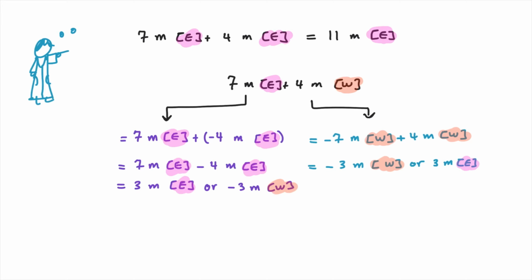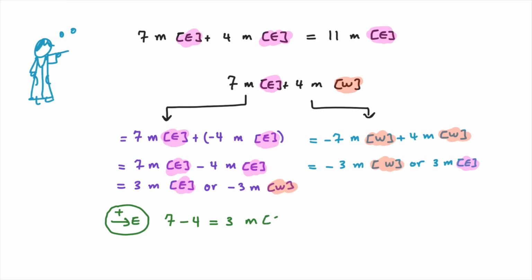To save time and to avoid writing all the signs in the equation, we can write our sign convention and use positive values for vectors that correspond to the sign convention and negative values for those that are opposite to the sign convention. For example, if we take east to be positive for our sign convention, then we will have positive 7 because it's in the east direction and negative 4 because it's in the west direction.